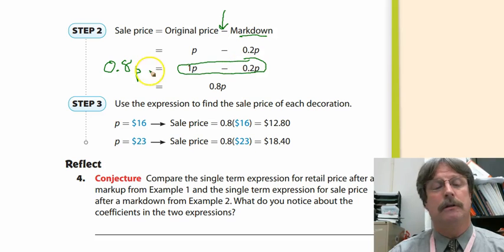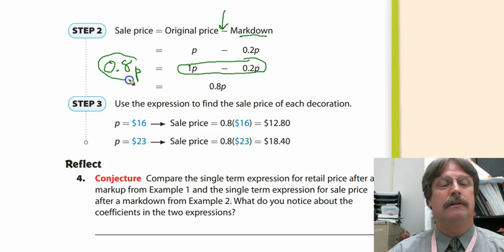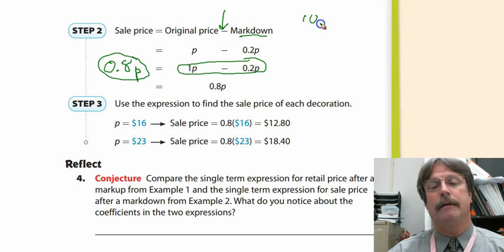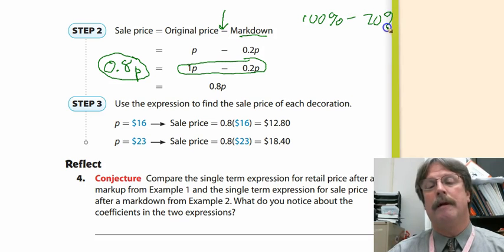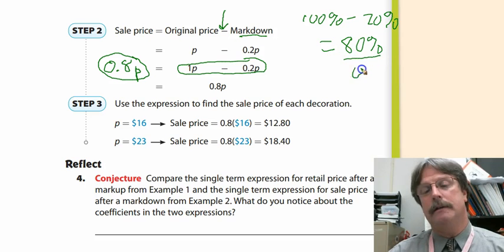The other way that you can do that is by taking 100% minus the 20%, and that's going to equal the 80%. Then you could divide that by 100, and that gives you the 0.8. And you could take your original price and multiply that, and that will tell you what your total is.